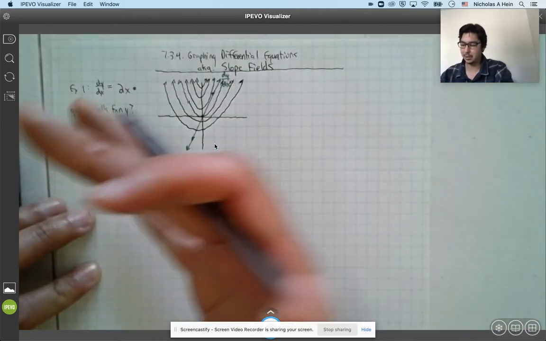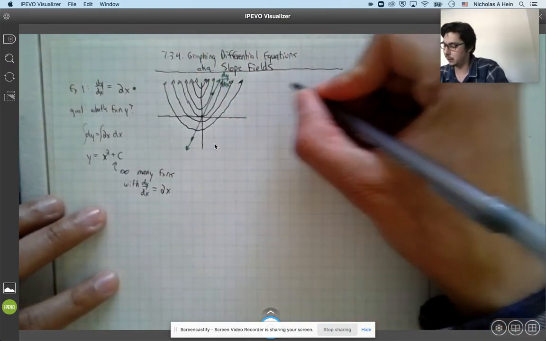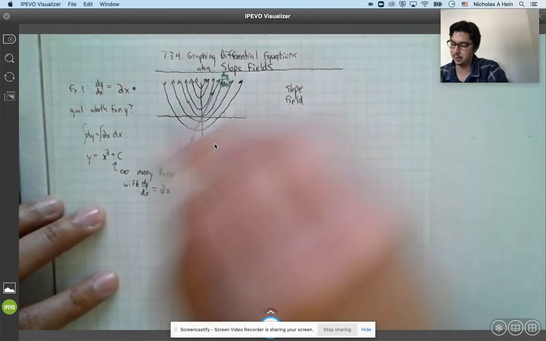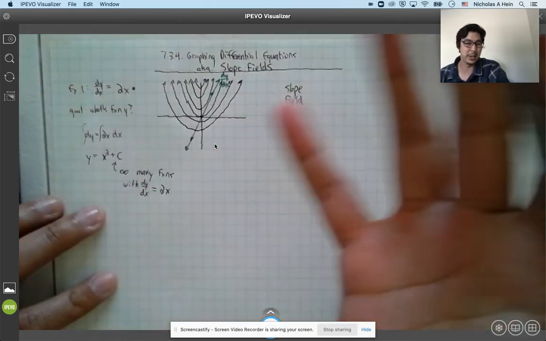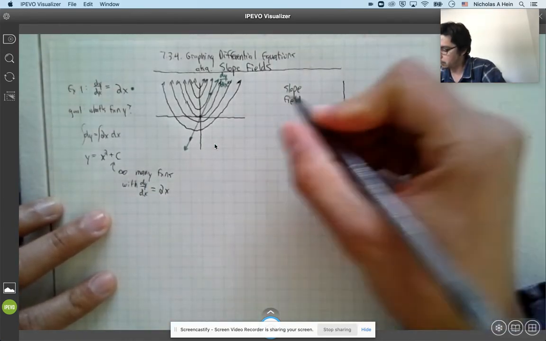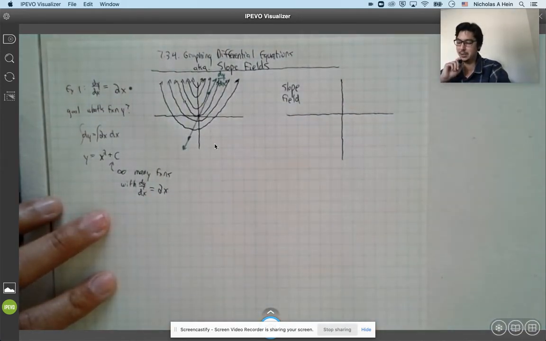Now, that's one way that we created this graph to help us visualize this. What we could have also done is what's called a slope field, where say we weren't quite sure what the function y would look like, because maybe the integration is hard, so we just want a visual of it. What you can do is try to account for every possible scenario.